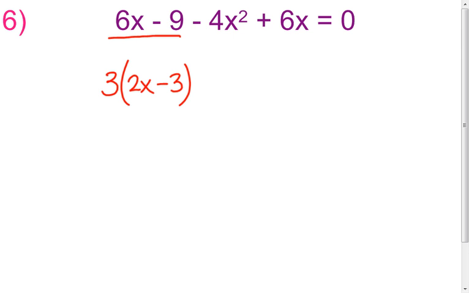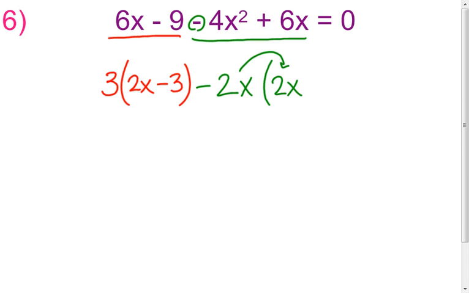Then I'm going to take these terms right here, and I'm going to factor out what I can. I don't like that first term to be negative, so I'm going to factor out a negative. So 4 and 6 are both divisible by 2, but I'll factor out a negative so that it becomes positive. And then x squared and x, they both at least have 1x to them. So negative 2x times positive 2x gives me negative 4x squared. Negative 2x times negative 3 gives me 6x.